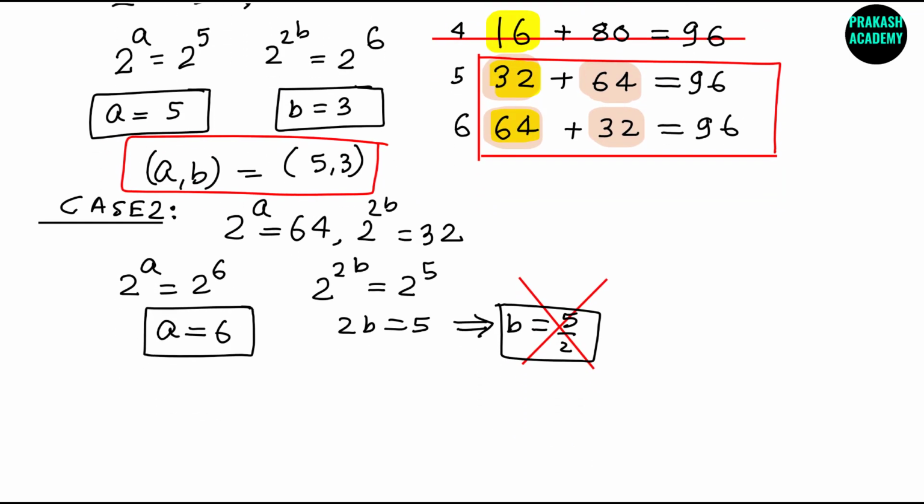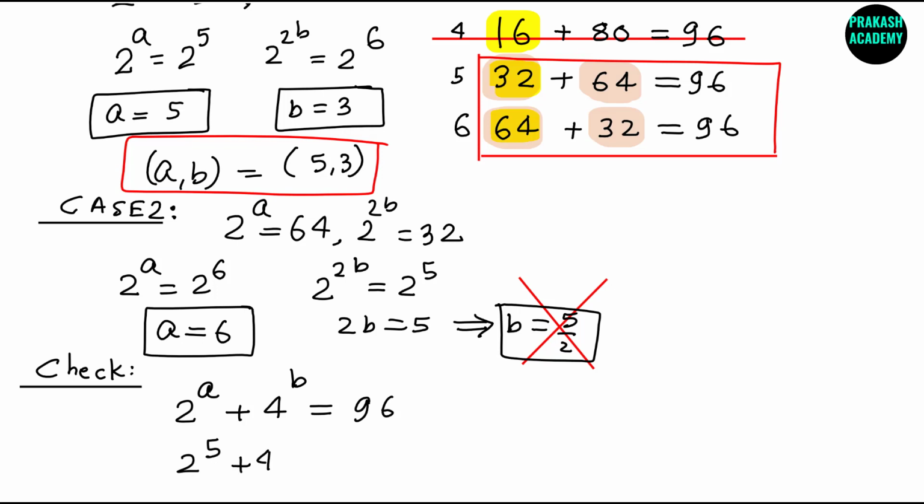Now let us verify whether this satisfies the original equation or not. The original equation was 2 raised to the power a plus 4 raised to the power b is equal to 96. So let us check. 2 raised to the power 5 plus 4 raised to the power 3. 2 raised to the power 5 is 2 times 2 times 2 times 2 times 2, and 4 raised to the power 3 is 4 times 4 times 4.